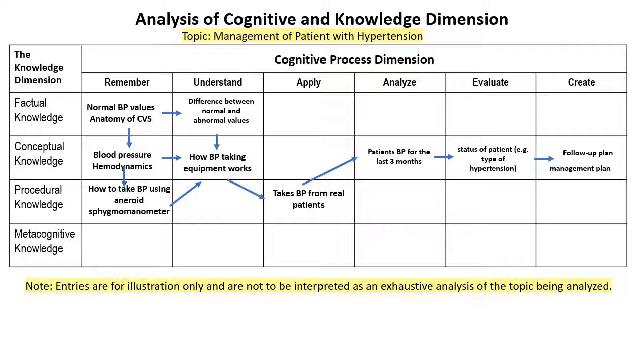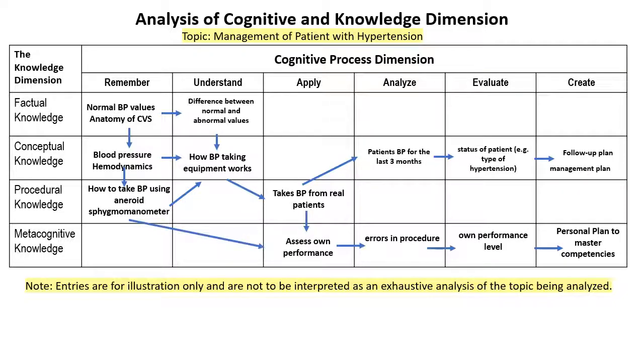But let us not forget that there is still the missing metacognitive knowledge dimension. So at the create level, you have personal plan to master competencies. But to create a plan, you need to be able to evaluate your own performance level, and the evaluation of your performance level will be dependent on the analysis of the errors in the performance of the procedure, which you were able to identify by assessing your own performance.